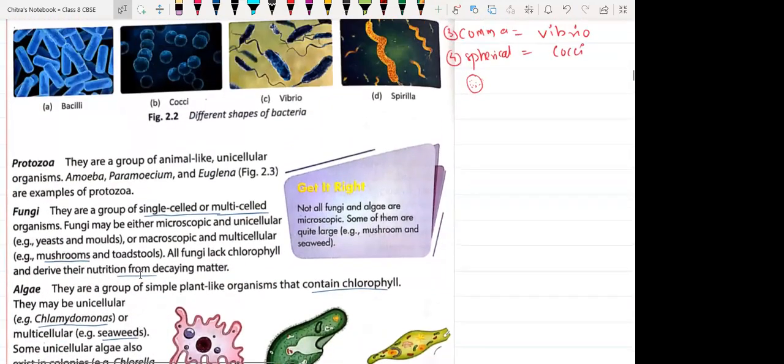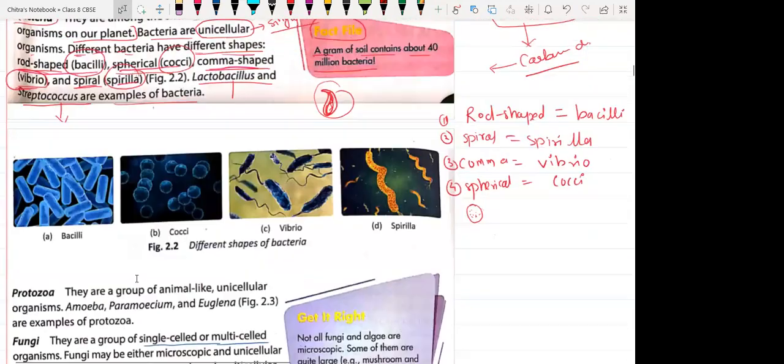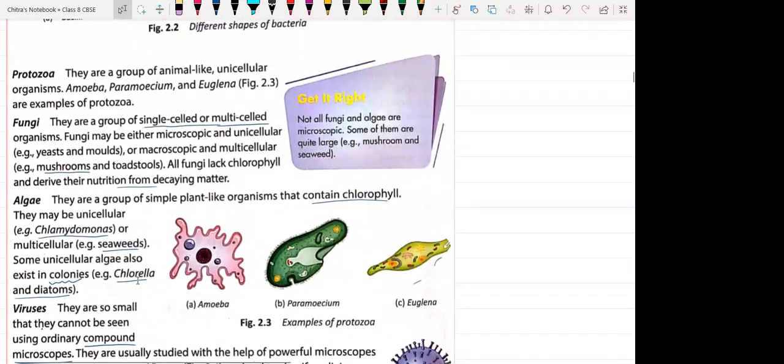So this is all about bacteria. Now we will discuss protozoa. Protozoa are a group of animal-like organisms, but they are unicellular. Sometimes they may cause disease to human beings, plants and other animals also.